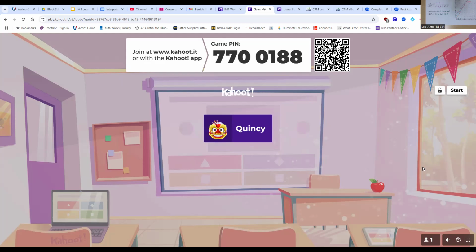So that's what this is. It's going to be a word sentence, and you're going to pick the correct equation. So this is all about translating.